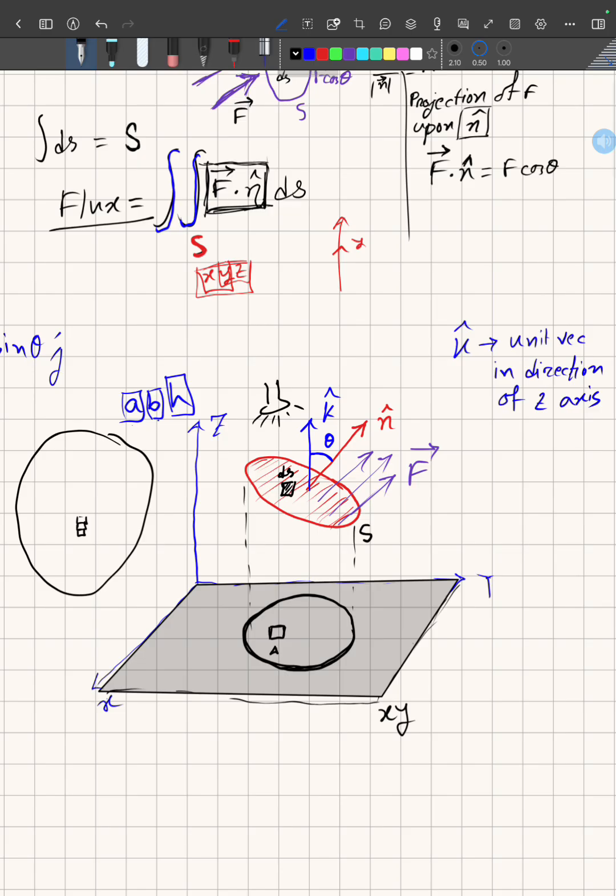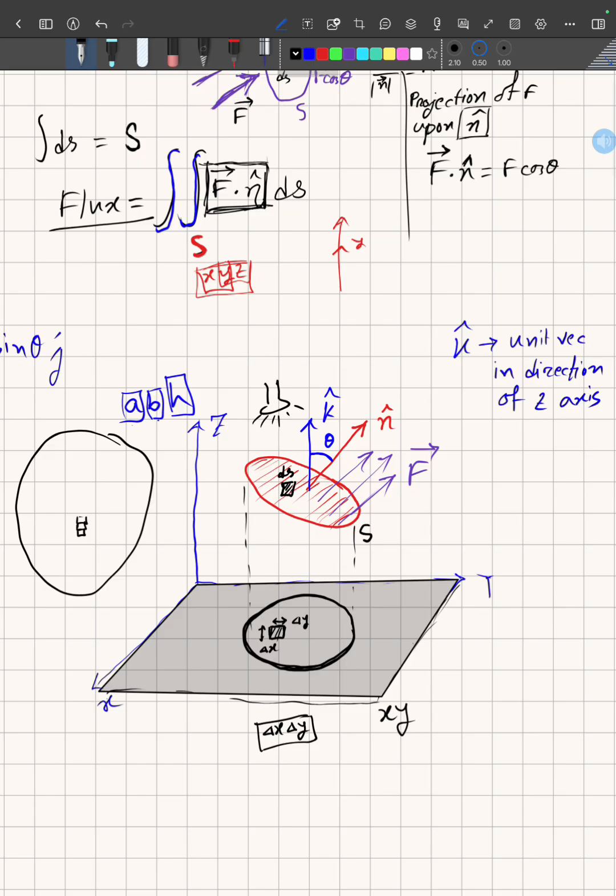Let's say this portion is our del x and this portion is our del y. So the total surface is del x times del y.